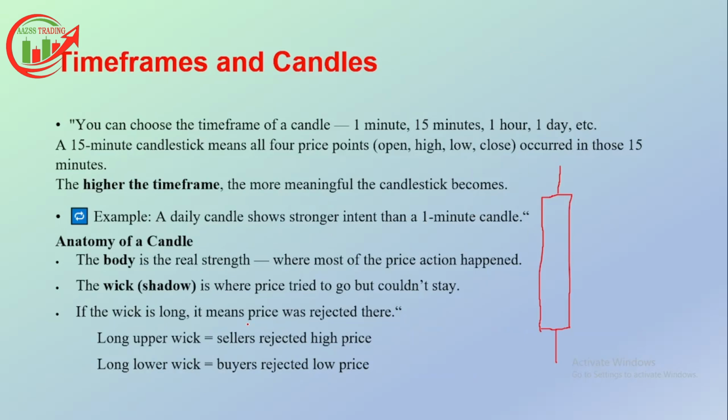The wick or shadow is where the price tried to go to but couldn't. Look at this: price tried to get here but couldn't, but it left a mark saying, I've gotten to this point too. It's indicating that it got to this price but can't go further and has to come back. You understand that?